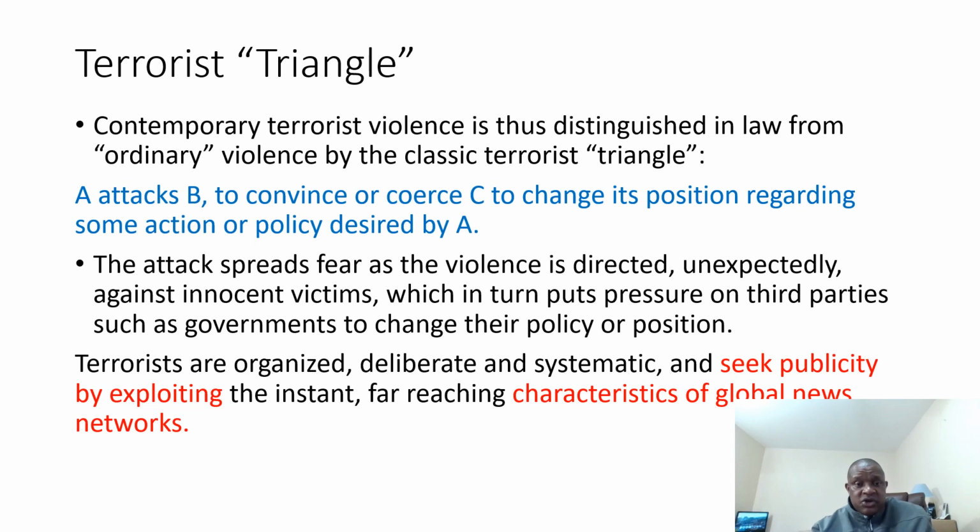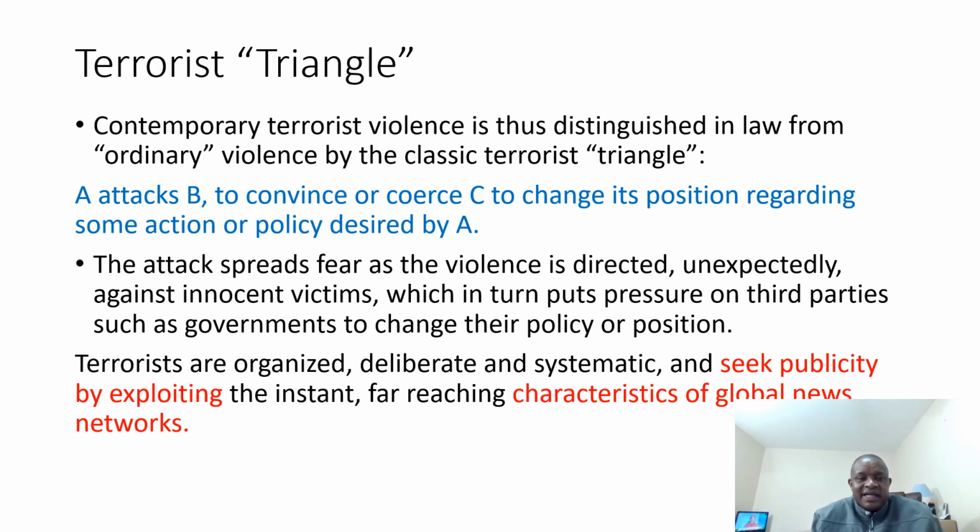Then we talked about the terrorist triangle, where we said A attacks B to convince or coerce C to change its position regarding some action or policy desired by A. What we mean by this is that A, the terrorist, attacks B, an innocent civilian, to convince or coerce C, the government or other entity or organization, to change its position regarding some action or policy desired by the terrorist.